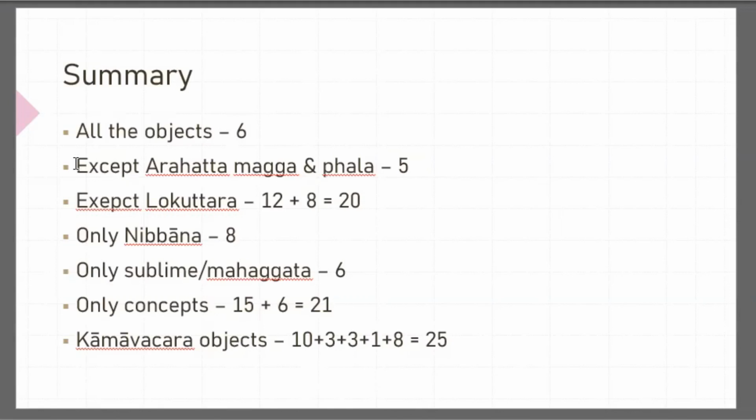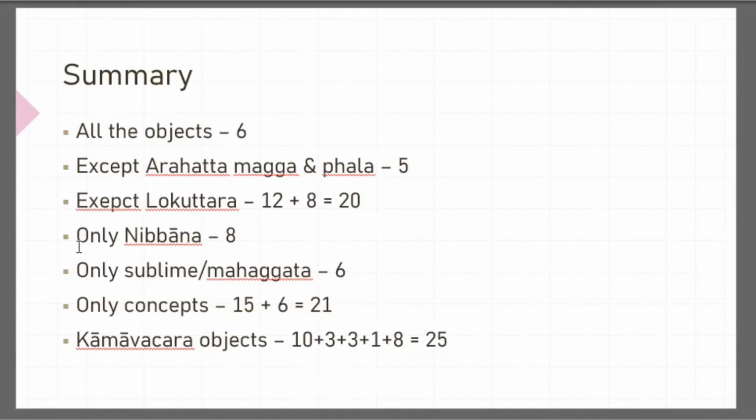Number 2, except Arahatta Magga and Phala. Number 3, except Lokuttara. This is how I classify and how I memorize. You can use your own method. This is how I try to memorize this section.